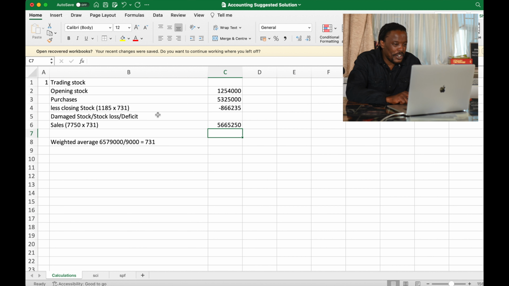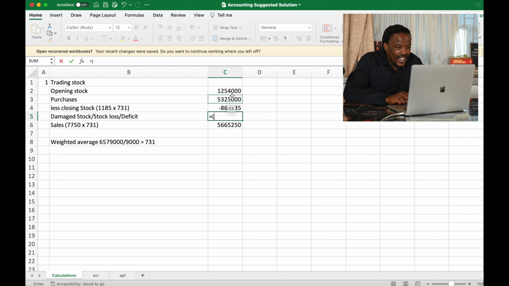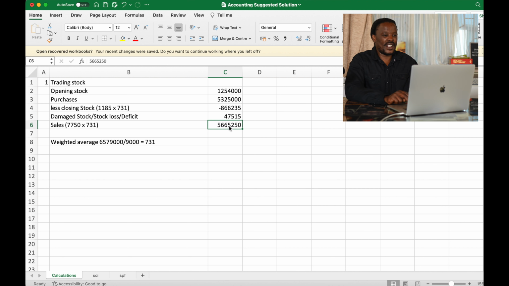What is the value of the damaged inventory? Because you have the sales now, you have this, you have that, and I will put the opening stock plus purchases less closing stock, less the sales, which is equal to 47,515.